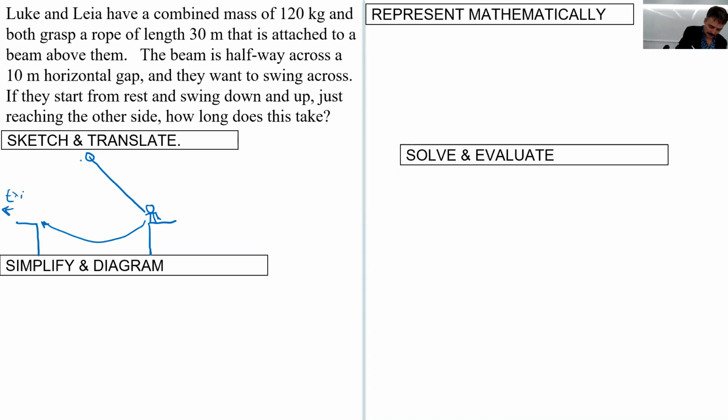So exit. They're trying to find their spaceship or something like that. So they need to go across. You got me? The question is, if they start from rest and swing down and up, just reaching the other side, how long does this take? And I'm going to treat this like a simple harmonic motion question. So this is a simple pendulum.